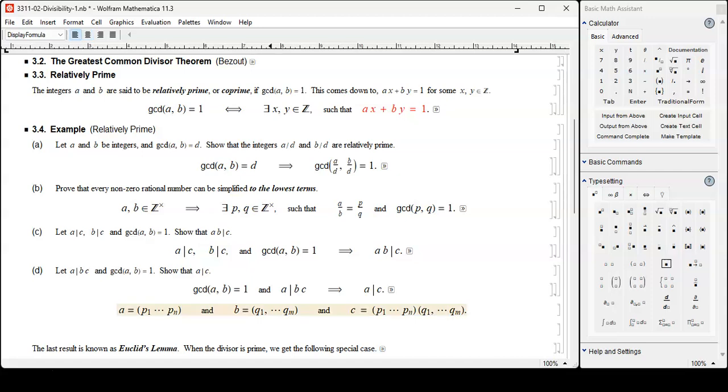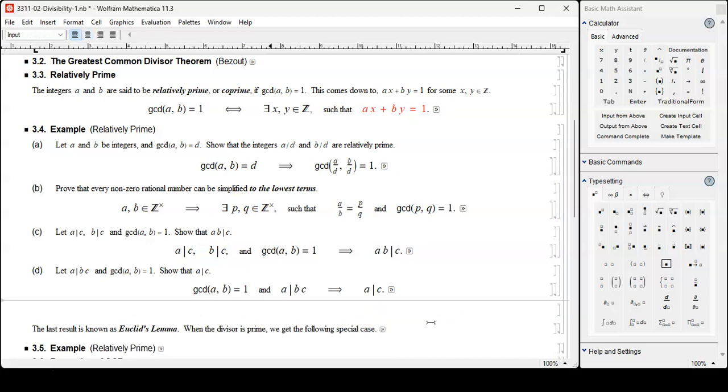There's a problem though. Number one, we didn't study the prime factorization yet. Number two, as a matter of fact, we need this lemma, which we call Euclid's lemma, to prove the prime factorization. So you see, you cannot use prime factorization to prove prime factorization. So that's no good.